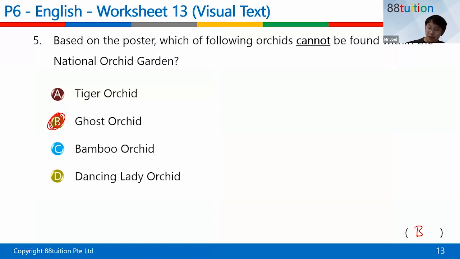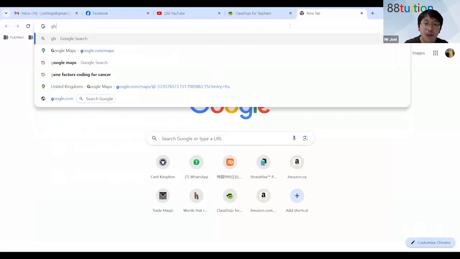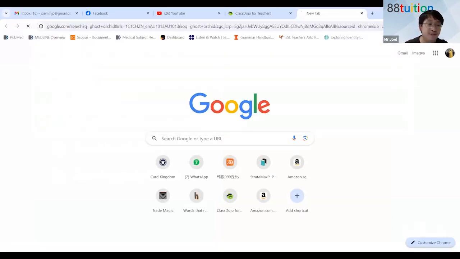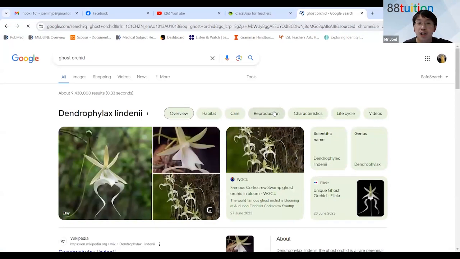All right. But just curious, I wonder if the ghost orchid really exists. I kind of remember that it does because of its very delicate appearance. Let's check if the ghost orchid actually exists and what it looks like. I'm just curious. Oh, it does exist. Oh my goodness, it's called the Dendrophylax lindenii. That's the scientific name.